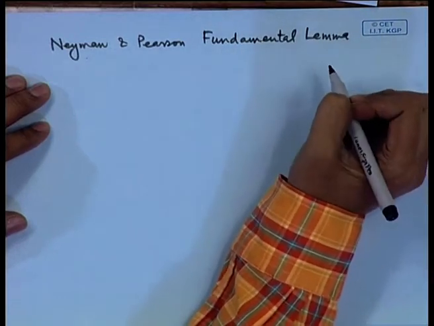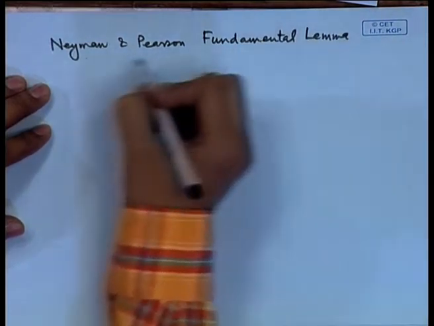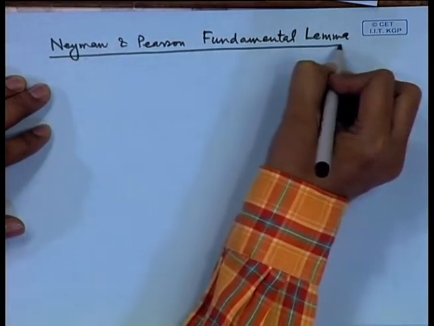Also it is called NP lemma. This fundamental lemma, which was given in 1933 by statisticians Jerzy Neyman and Egon S. Pearson, initially dealt with the simple versus simple case.